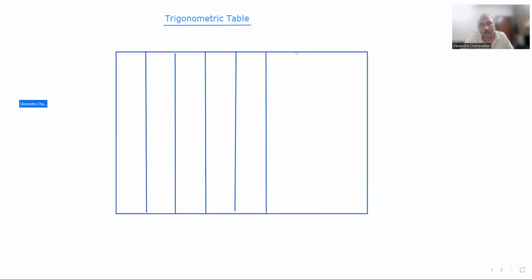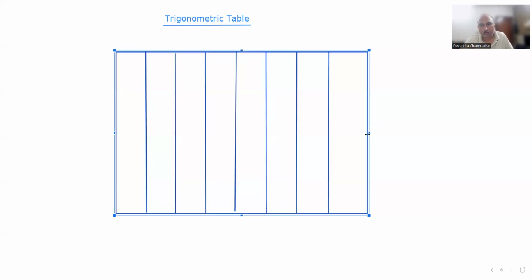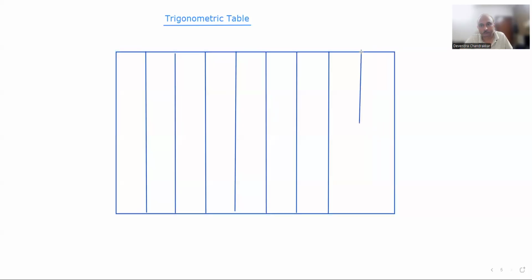You have to memorize 0, 30, 45, 60, 90, 180, 270, and 360. ठीक है?